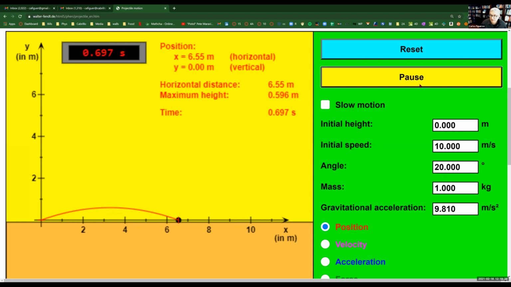Now, I'm going to come in here and put 70. So 70, what, 6.55. Let me reset this to 70 now. And look at that, 6.55. So even though it goes higher, it still lands in the same location.